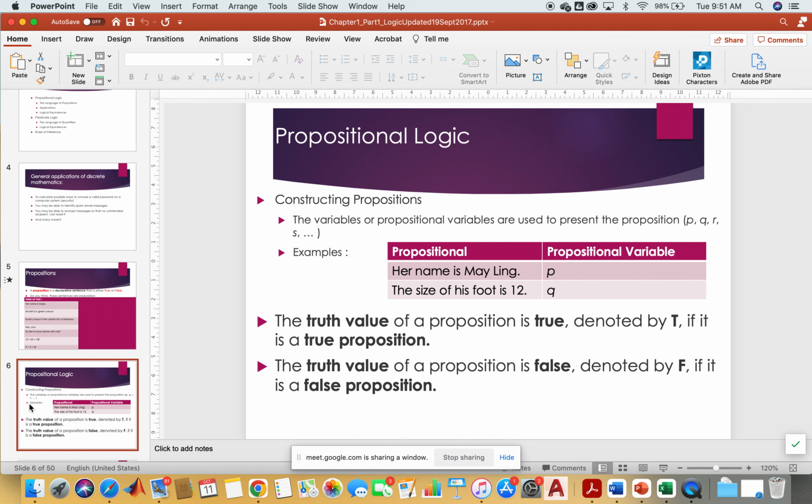So let's say the problem is to solve A plus B equal to C. Let's say this is the given problem. I want you to code this.